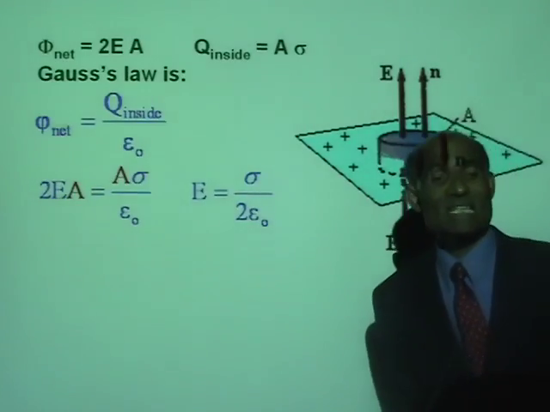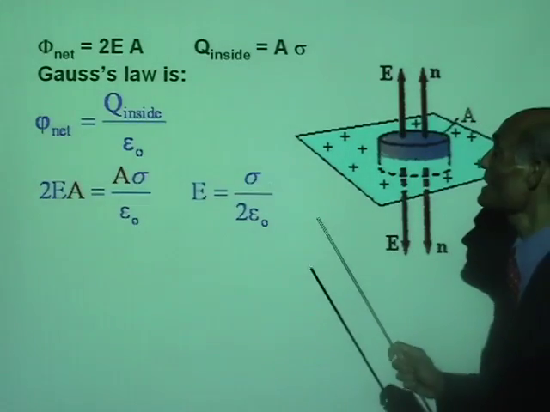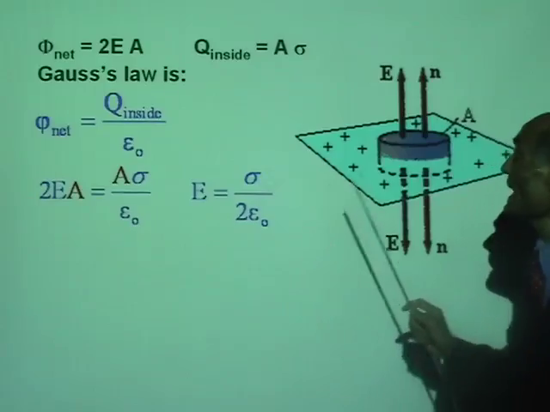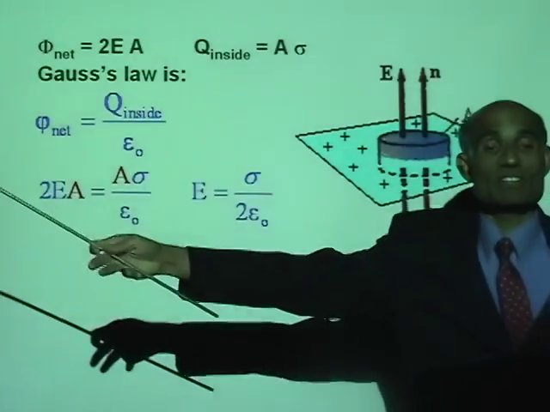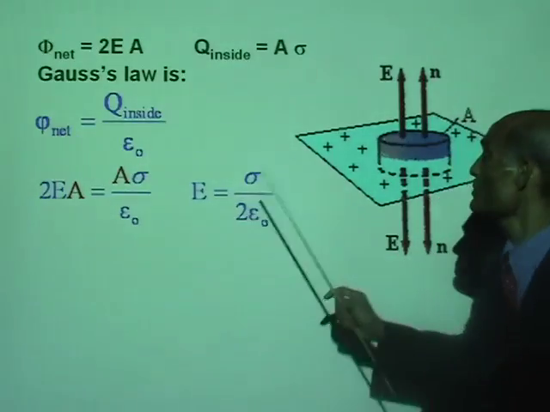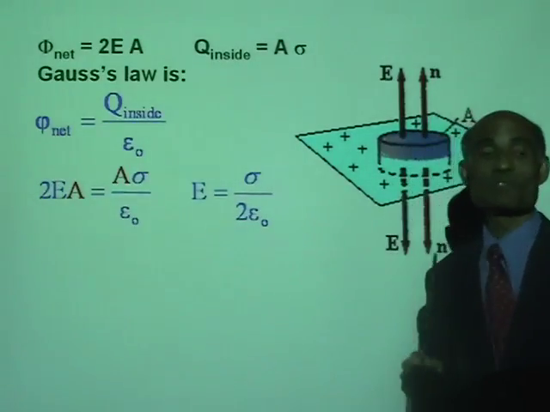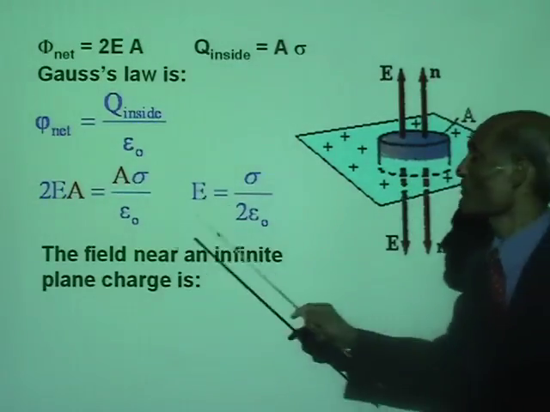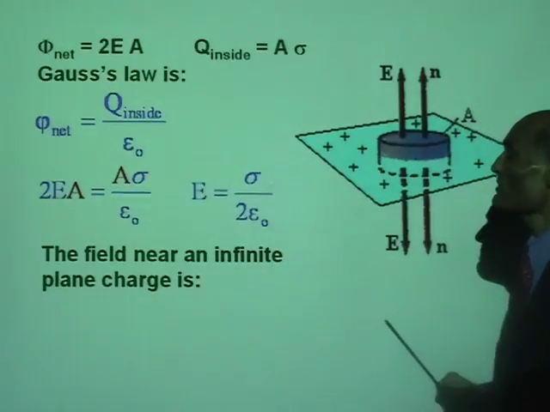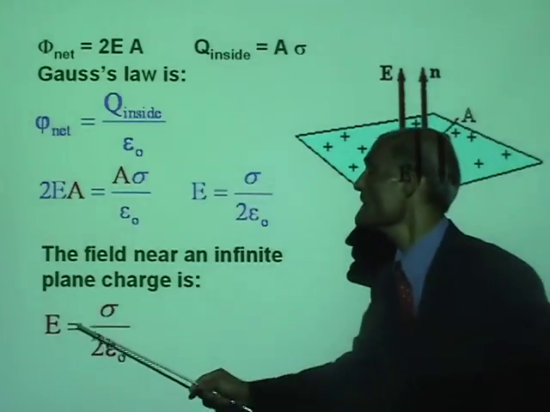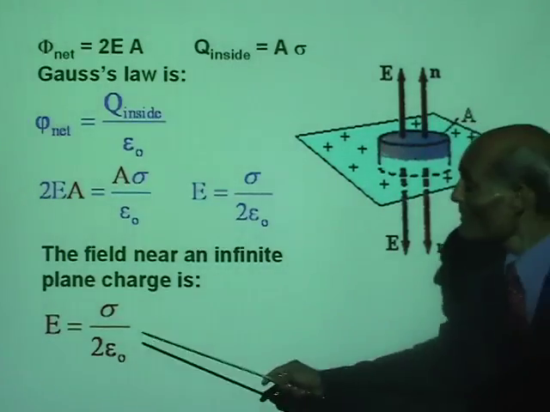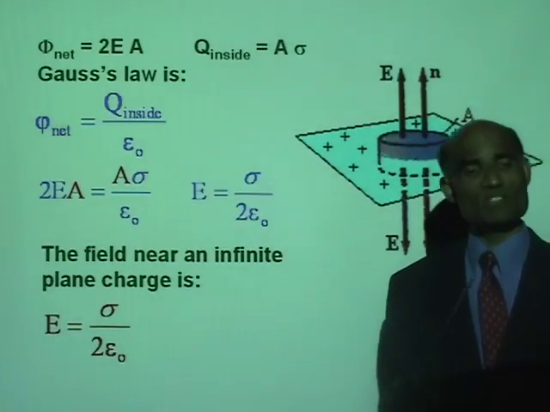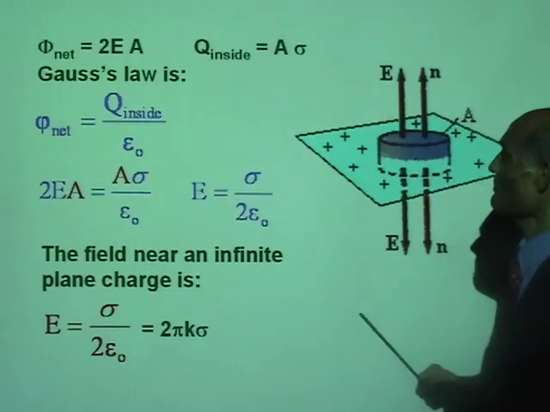You see how easily we obtained the equation for electric field near an infinite plane charge: sigma over 2 epsilon naught. The field near an infinite plane charge is E equal to sigma over 2 epsilon naught, a very important and interesting equation to remember.